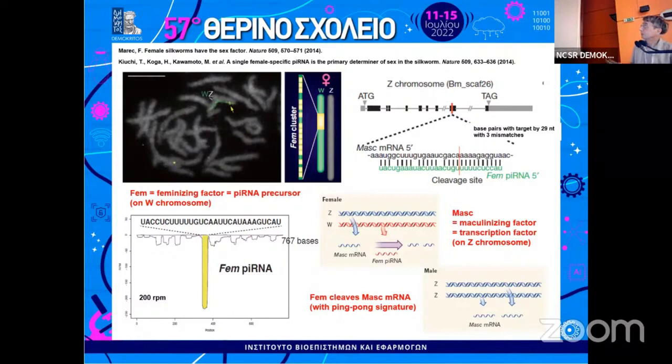And it was demonstrated that it could cleave a target which encodes a masculinizing factor, a transcription factor encoded on the Z chromosome. So the sex determination mechanism in the silkworm is based on a piRNA produced by the W chromosome that targets a transcription factor that is essential for male development.